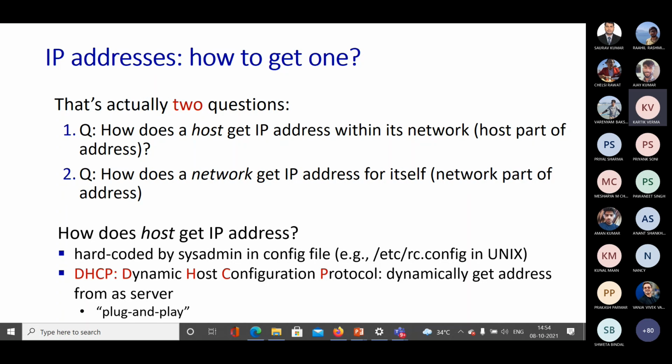Once you take your device out of the network, that IP address is no longer valid for your system. As and when you add your device into the network for use, you get a dynamic IP address. This is the basic concept followed in DHCP, or Dynamic Host Configuration Protocol.